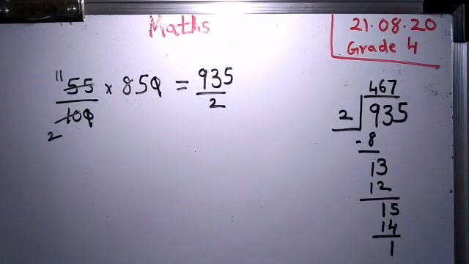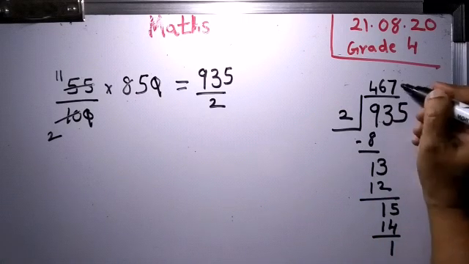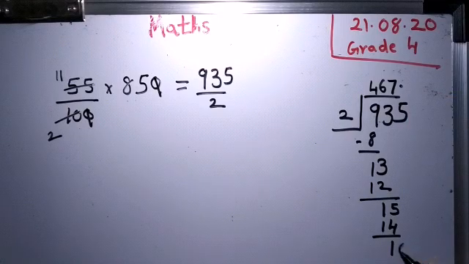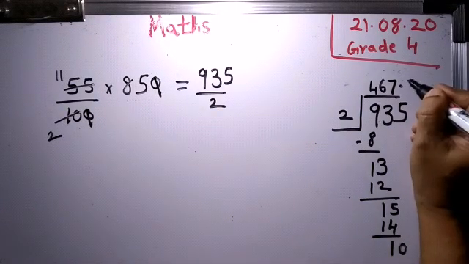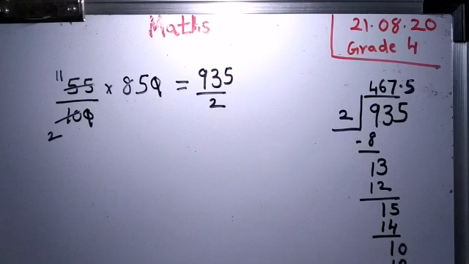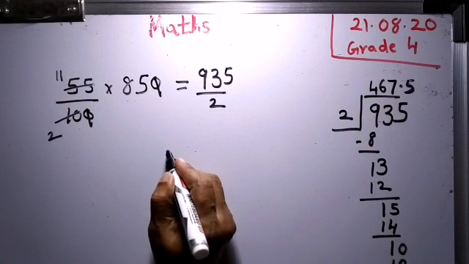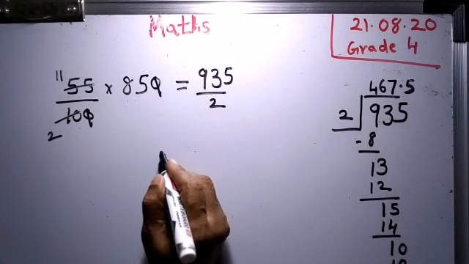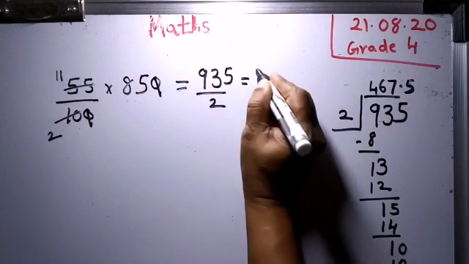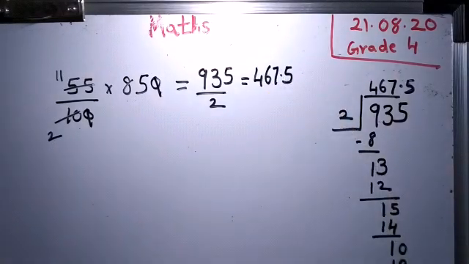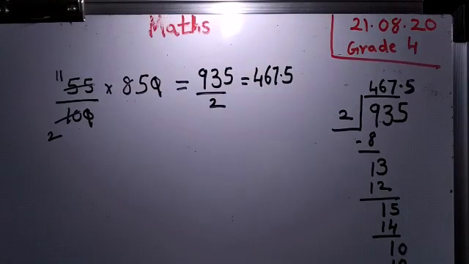And now you have 1. Now children, look here. Now 2 is not divisible by 1. So you put here 0 and you put here a decimal point and here you put a 0. Add 0. So it is here 2 5s are 10, right? So how much is that? That is rupees 467.5.